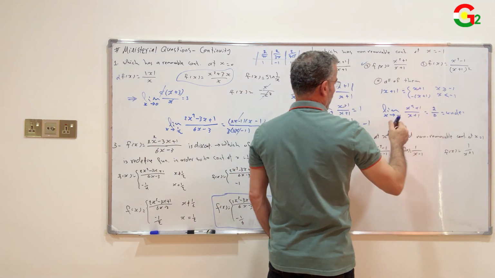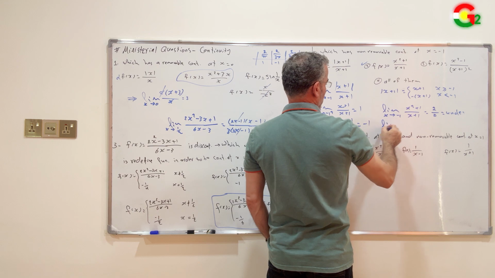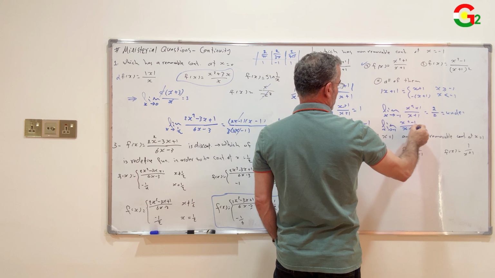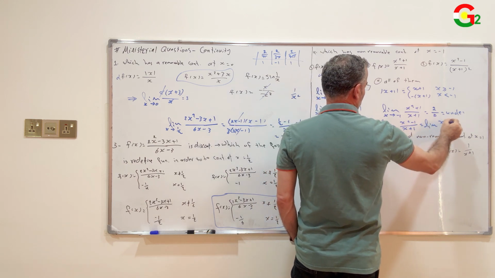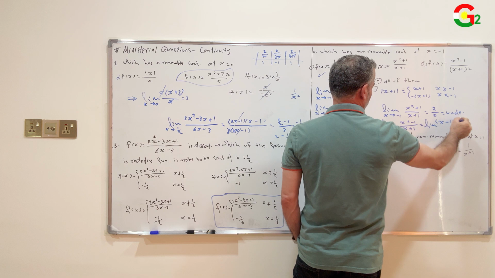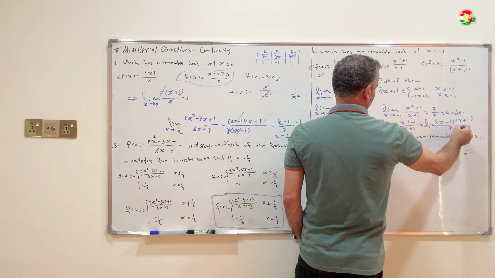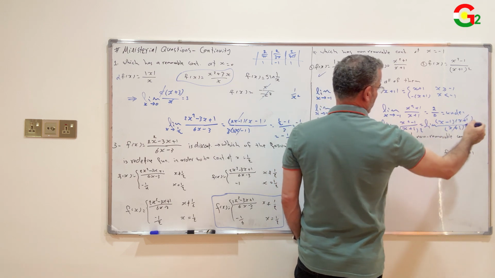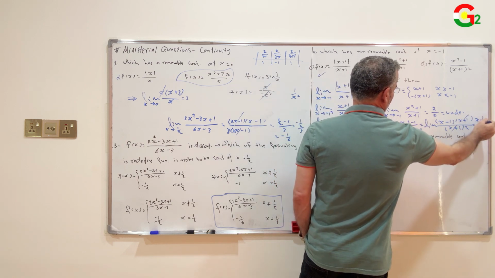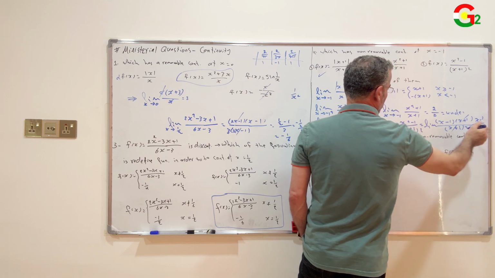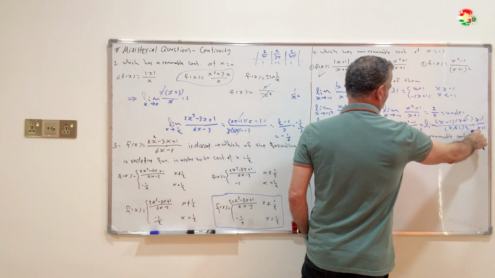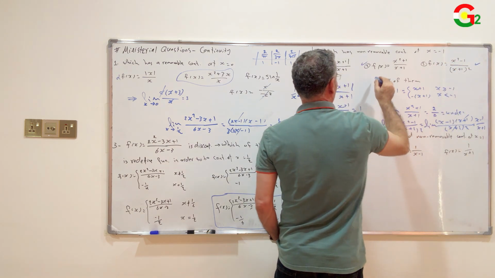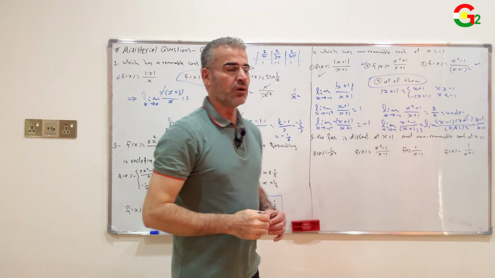For the third one, limit as x approaches negative 1 of x squared minus 1 over x plus 1. Factor the difference of two squares over x plus 1, reduce x plus 1 with x plus 1, it will be x minus 1. Substitute every x with negative 1, the result is negative 2. Also, this function has non-removable discontinuity. The right choice is all of them.